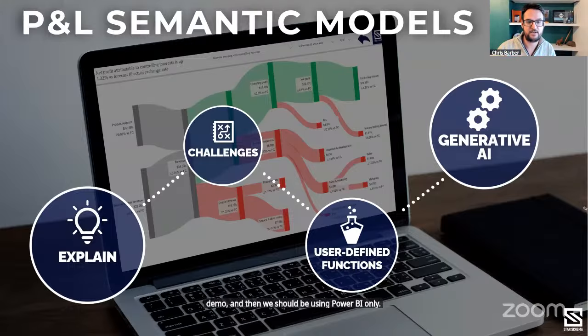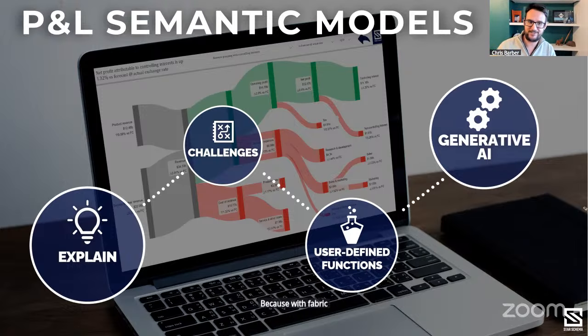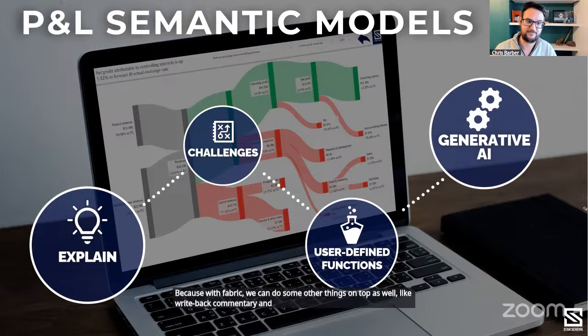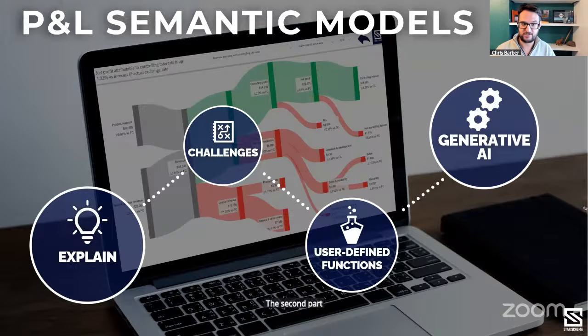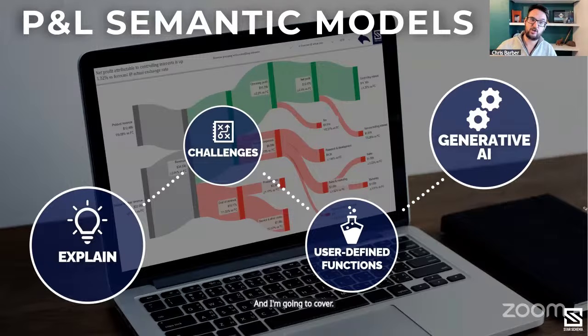The second demo is all around using Fabric, because with Fabric we can do some other things on top as well, like write back commentary and write back budgets, plans, and forecasts. The second part, I'm going to talk about some of the challenges around doing this, and I'm going to cover the basic modeling approach that I take for building out these financial statements.